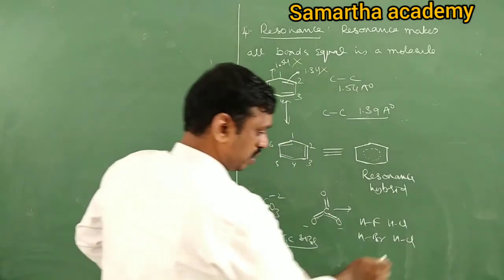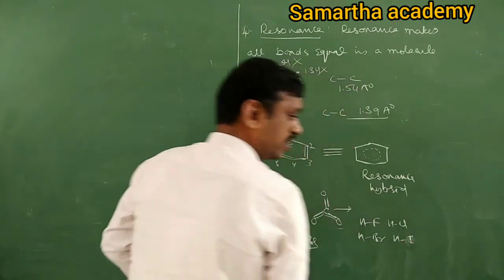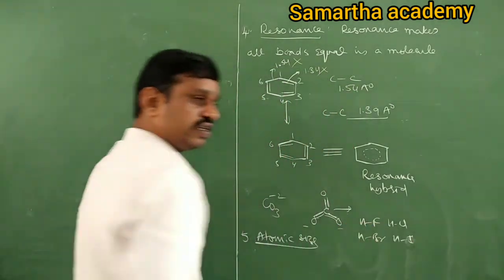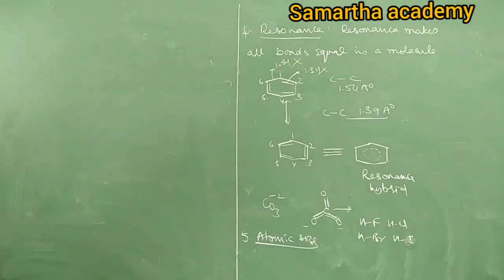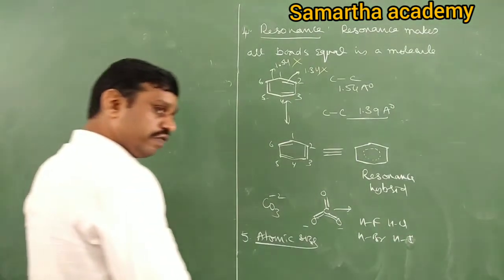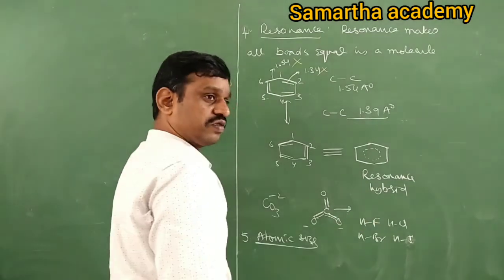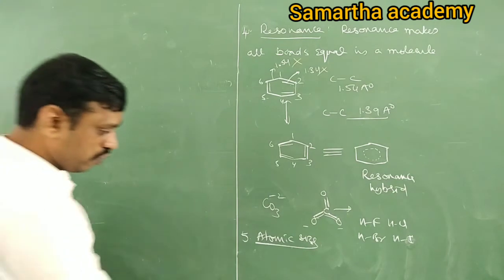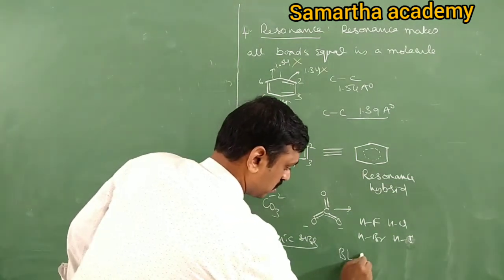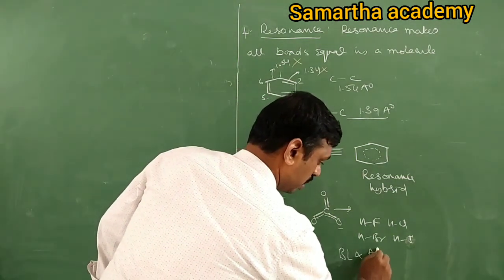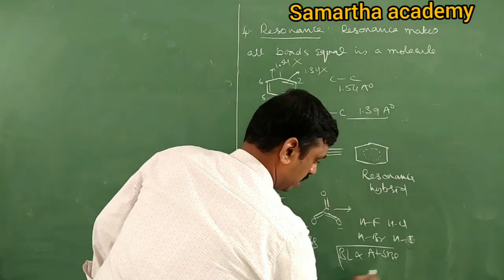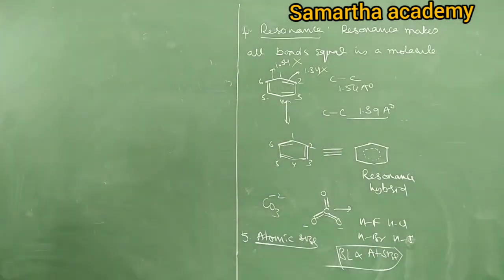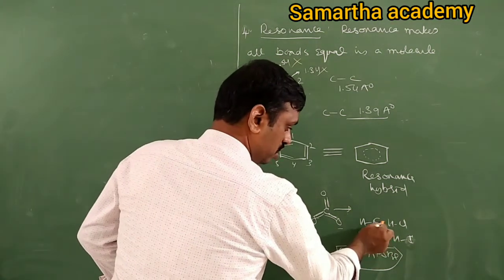Come on, tell me. What happens to the bond length from HF to HI? It increases. It means when the size of the central atom increases, obviously the bond length increases. Therefore, bond length is directly proportional to the atomic size of the central atom. So this is the order of bond length.